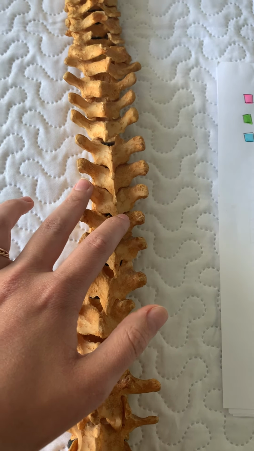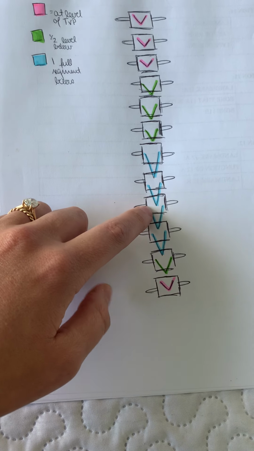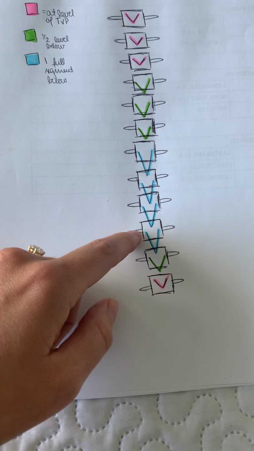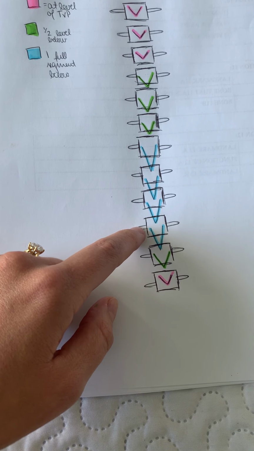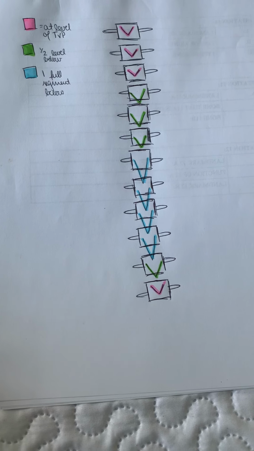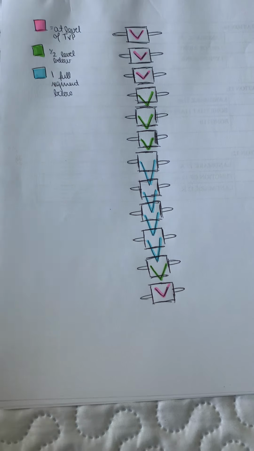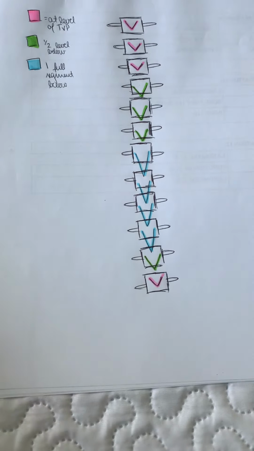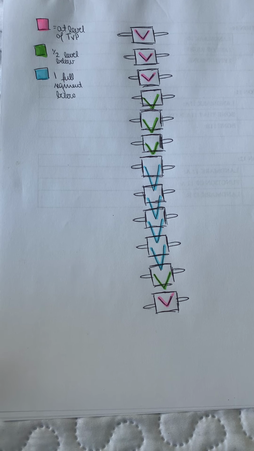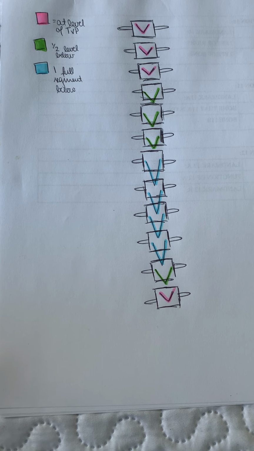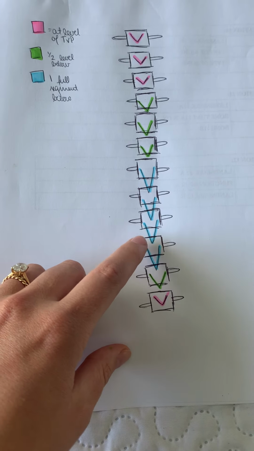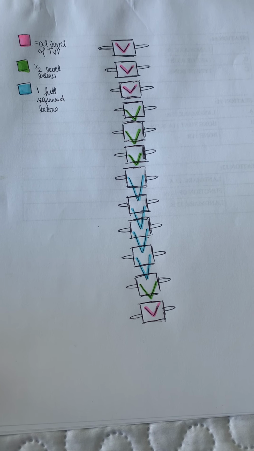T7, 8, and 9 is going to be one full segment below, to where the spinous process of the superior vertebra matches up with the transverse process of the inferior. Okay. So say that one more time just to understand it, because it can be a bit confusing. For T7, 8, and 9, the spinous process of the superior vertebra is going to be almost at the level of the inferior transverse process.